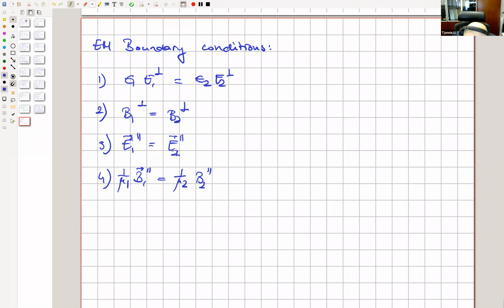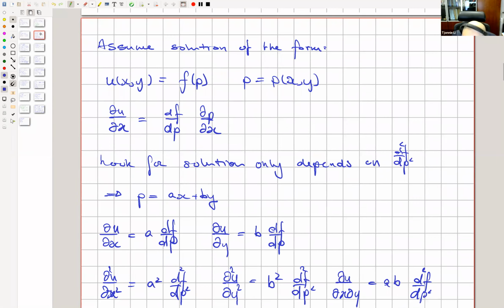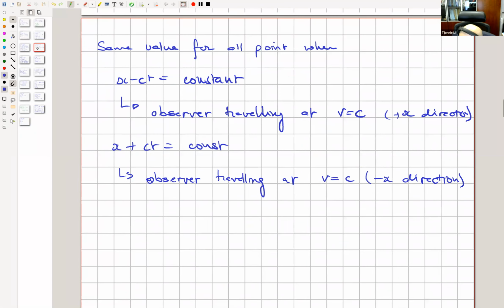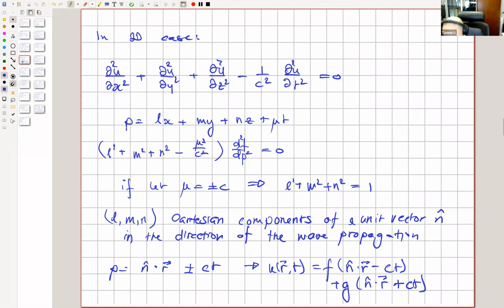Okay, so remember we started off when we derived the most general form of the wave equation, and when we do it in 3 dimensions, we can see that when we have this form, which is a 3-dimensional wave equation, then we end up seeing that L, M, and N, in our most general form of the solution, are simply the Cartesian components of some unit vector n.